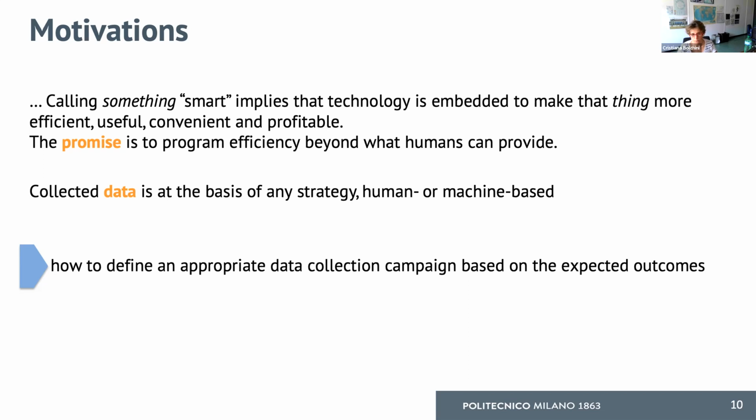That's why we get to the focus of the presentation, but also the contribution to this kind of project. First of all, we know we need to collect data, but what we want to do is to find an appropriate data collection campaign based on the outcomes or the goals that we are pursuing.